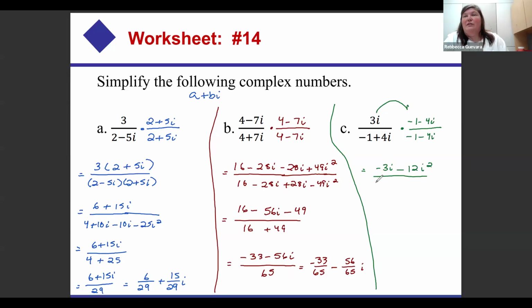Here we get negative 1 plus 4i minus 4i, and then we get a minus 16i squared. So negative 3i plus 12 on top. The bottom is negative 1 plus 16. This is going to be 12 plus 3i over 15.